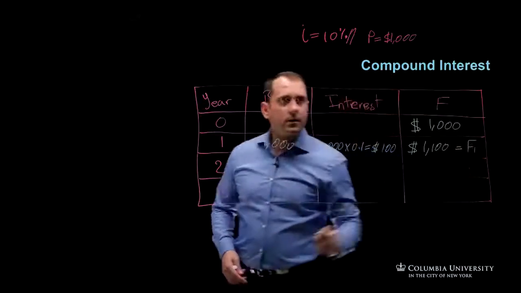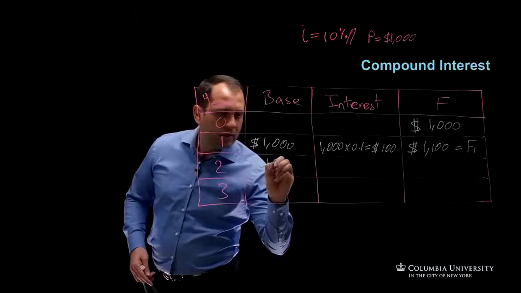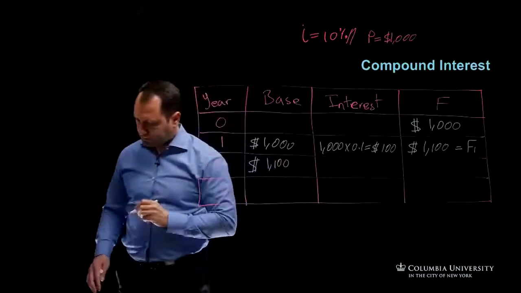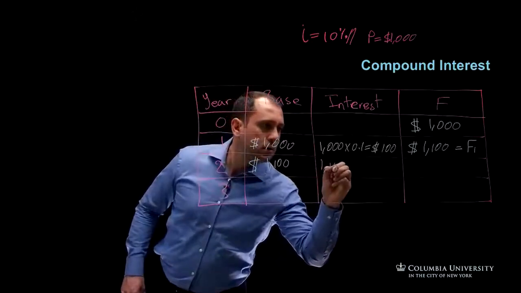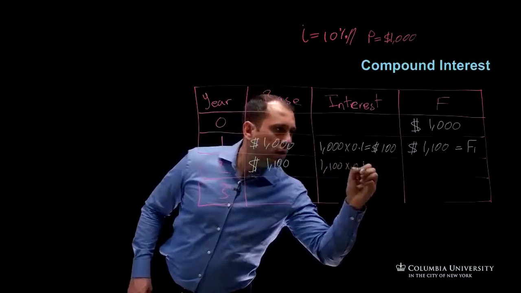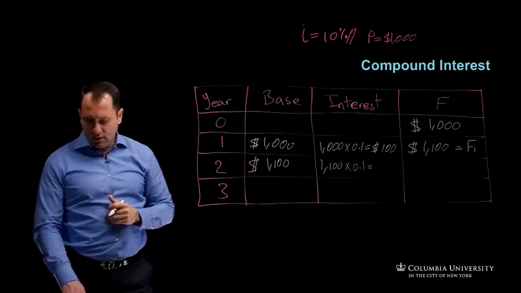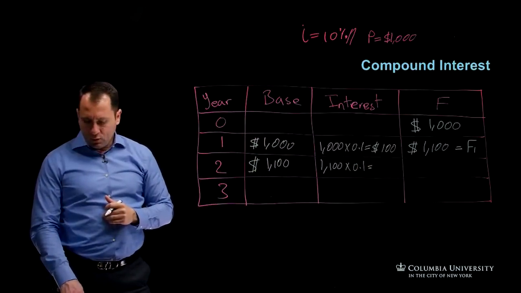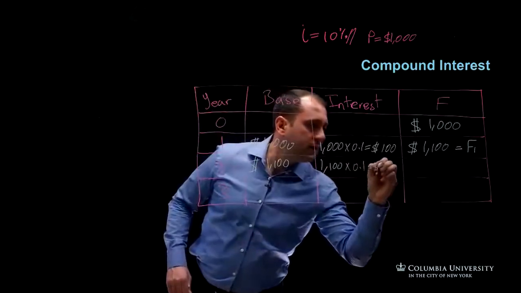So F1 here would be the base for year number 2, $1,100, and you apply the interest, which is 10% on it, which in this case will give you $110.